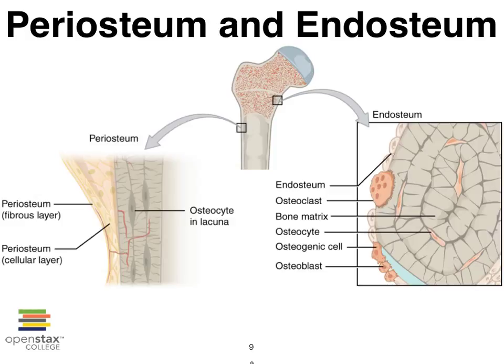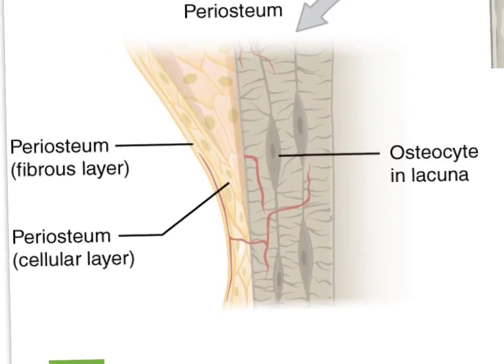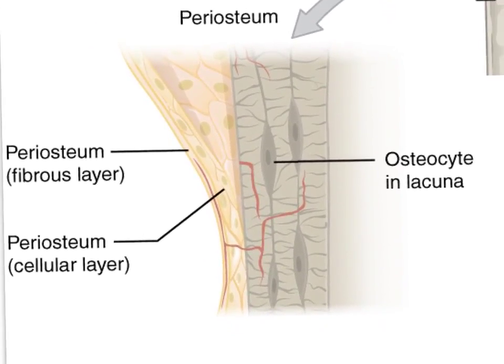So now take a closer look at what this is like on a diagram. Let's say that we take a chunk out of the bone organ right here and blow that up. Then here we see the periosteum in greater detail. This outer layer is going to be the periosteum's fibrous layer, while we have an inner layer, which is mostly cells.